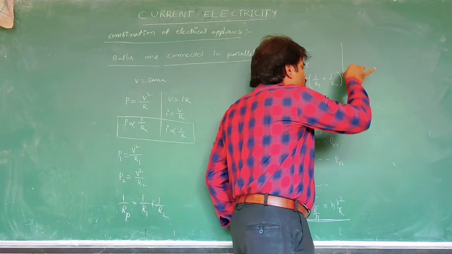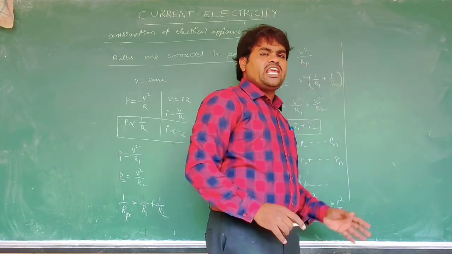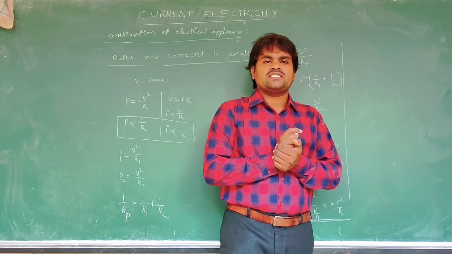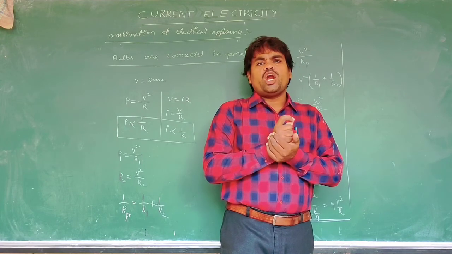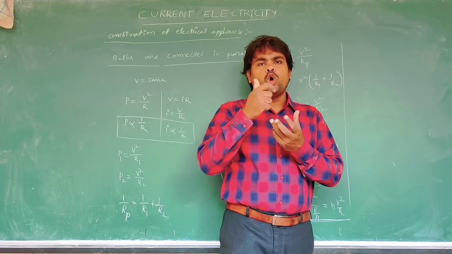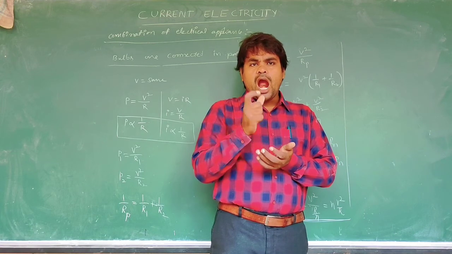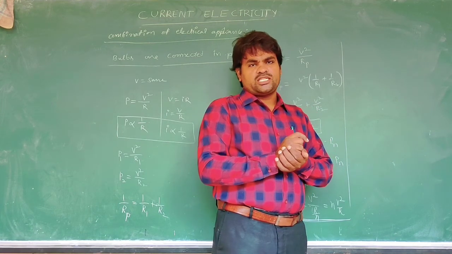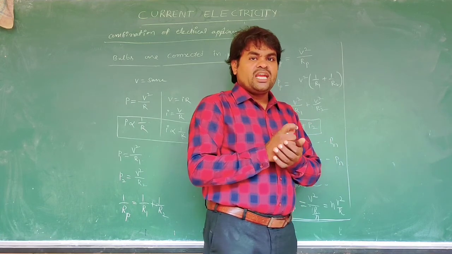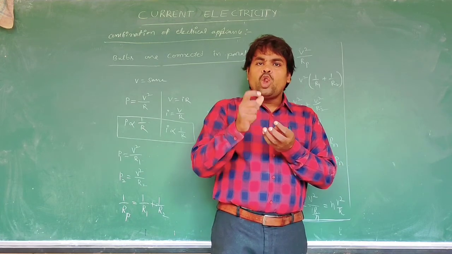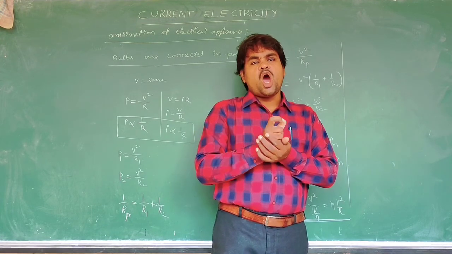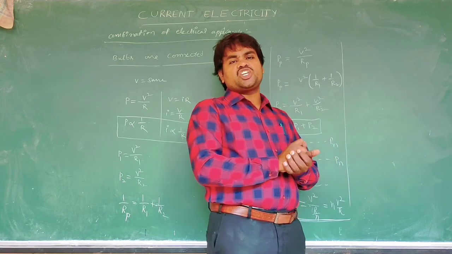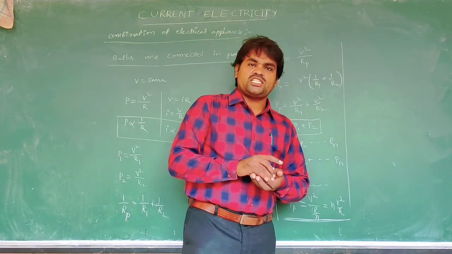In parallel grouping of bulbs across a given source of voltage, greater wattage will give more brightness and allows more current through it, but it has low resistance for the same potential difference across it.